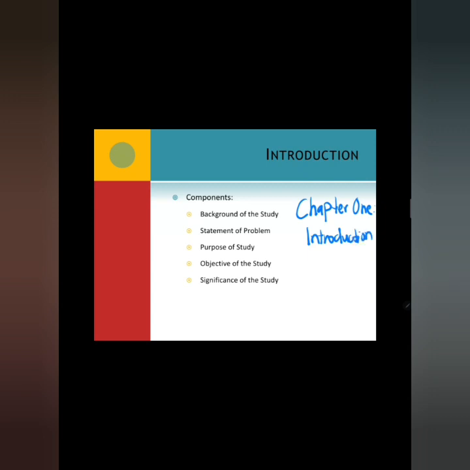Okay, see that? Right? So in the first chapter, or introduction, these are the components you will have to produce. The background of the study, the statement of problem, the purpose of the study, the objective or the objectives of the study, and finally the significance of the study.